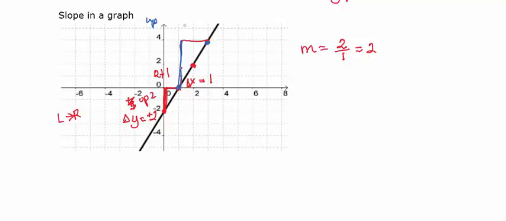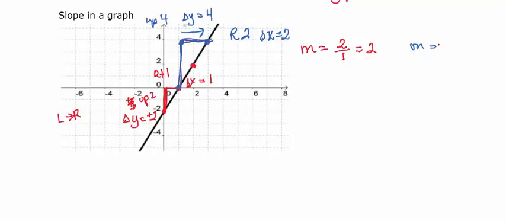I went up 1, 2, 3, 4. So the change in y is equal to 4. And then from left to right, I went right from this point here. After I went up, I'm at this point and I went over 2 more. So I went right 2, so the change in x is equal to positive 2.